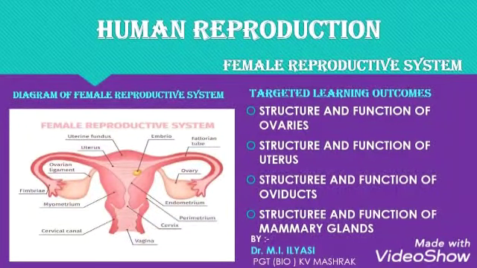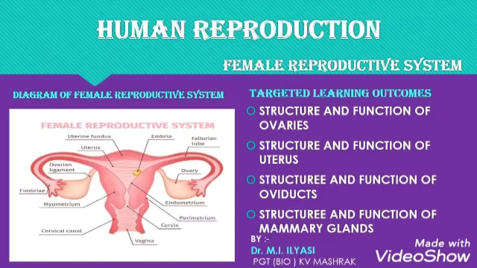Dear students, in this video we will discuss the female reproductive system. The human female reproductive system is specialized to support the process of gametogenesis, ovulation, fertilization, pregnancy, birth and childcare.